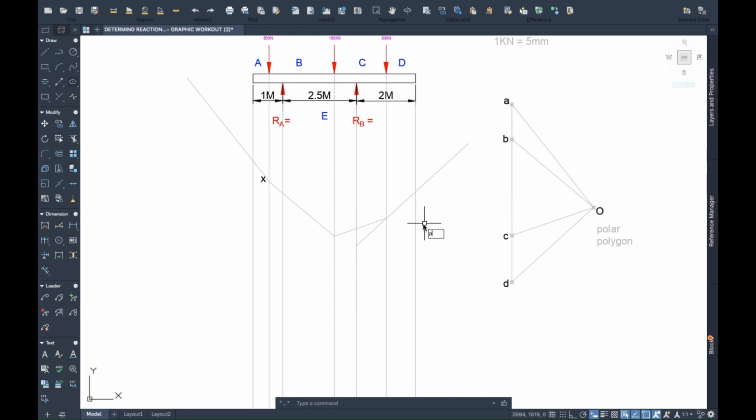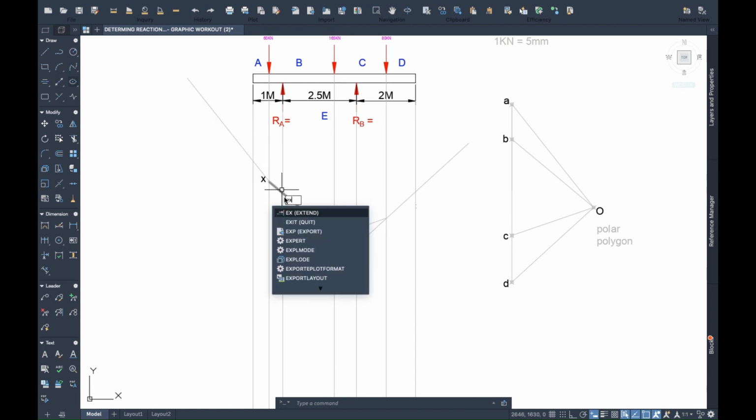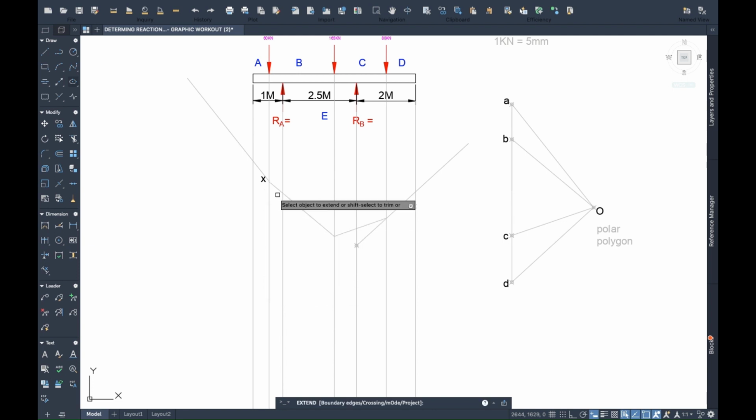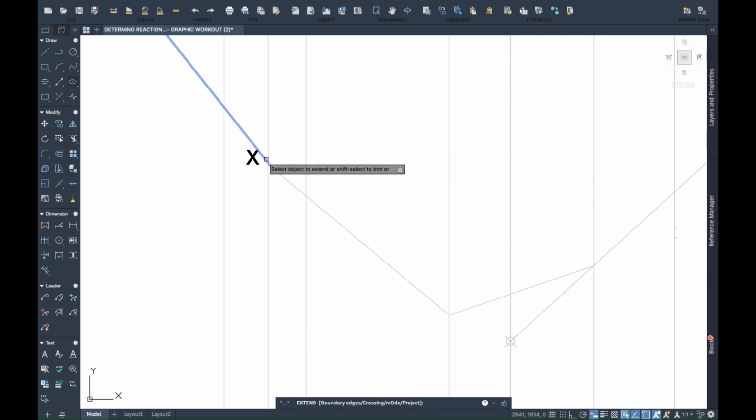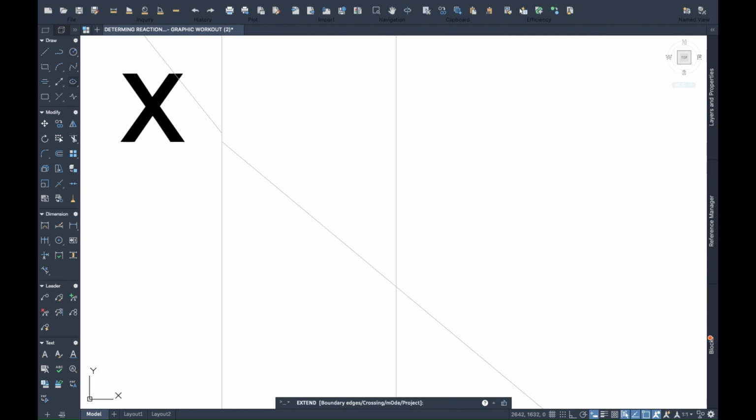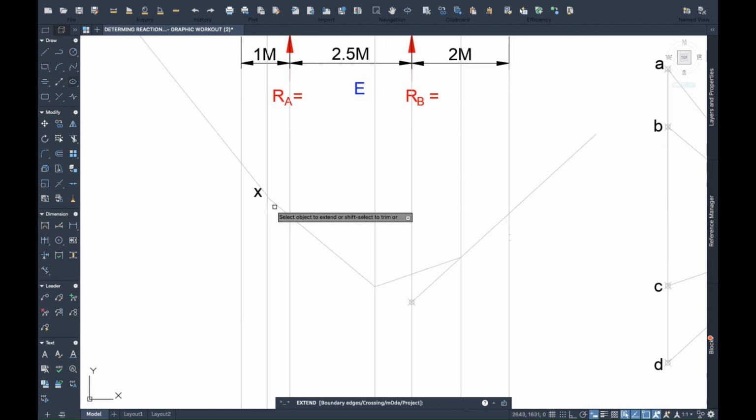Let me put a point there. And we are also going to extend AO, oh, so this point missed. All right, that point missed right there.